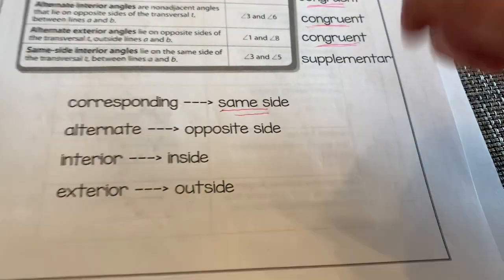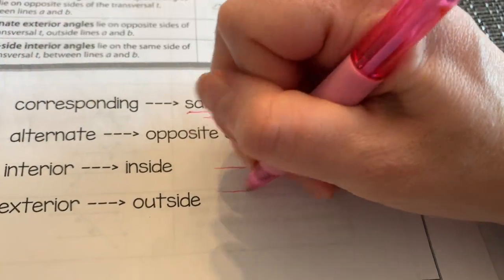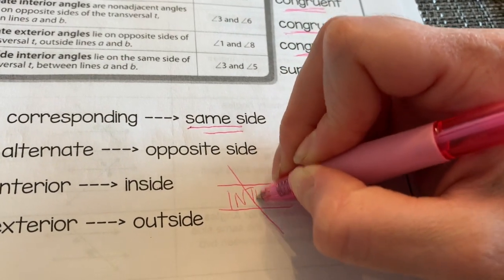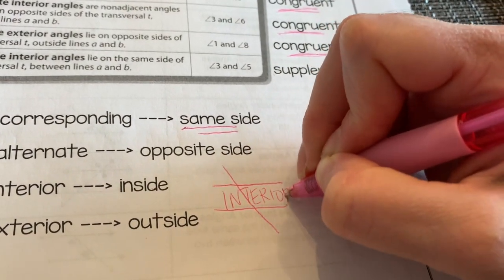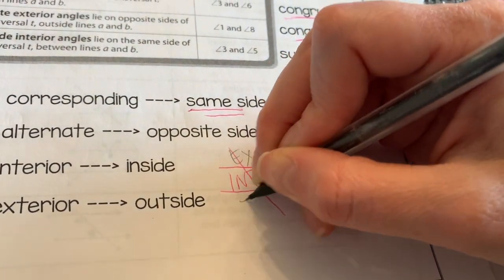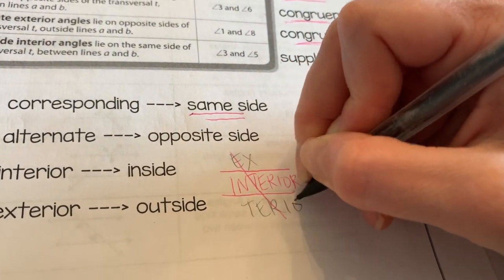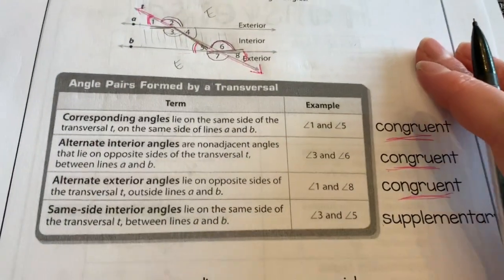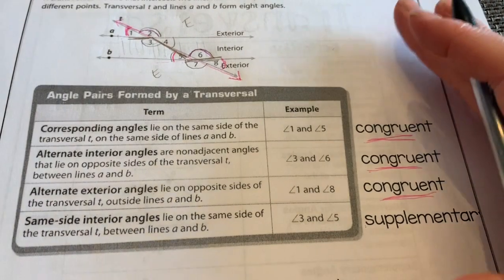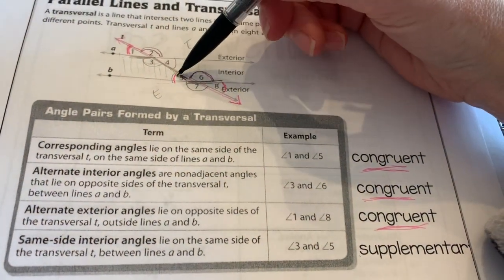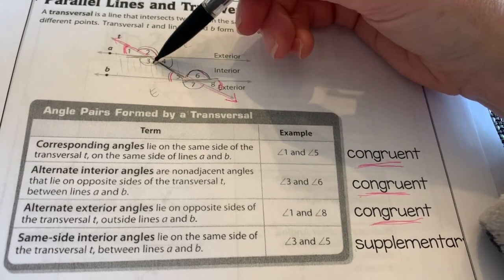Interior is inside, exterior is outside. And when I say inside and outside, I am referring to this. This is interior, and these are the exterior. Okay? Anyway, same side interior angles are the ones that are inside, but they're right next to each other on the same side.